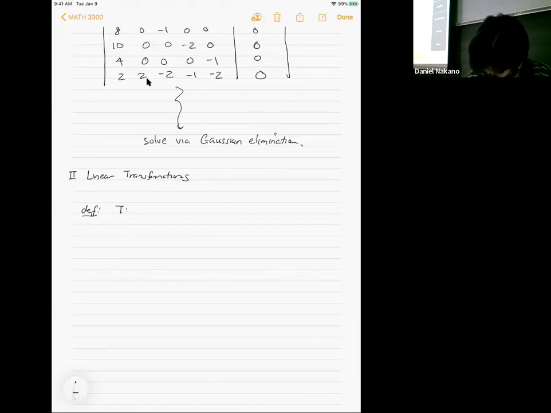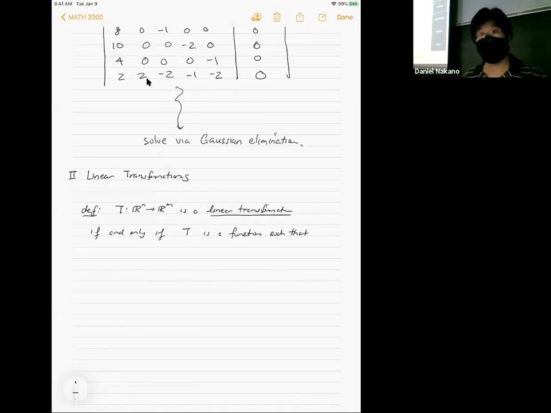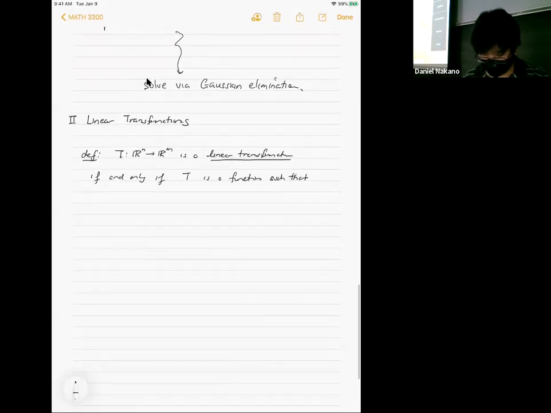T from Rn to Rm is a linear transformation if and only if T is a function such that two things have to happen. It preserves vector addition and scalar multiplication.